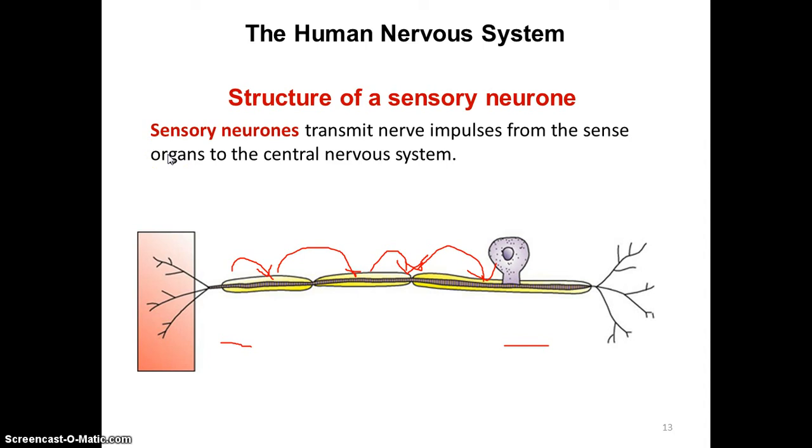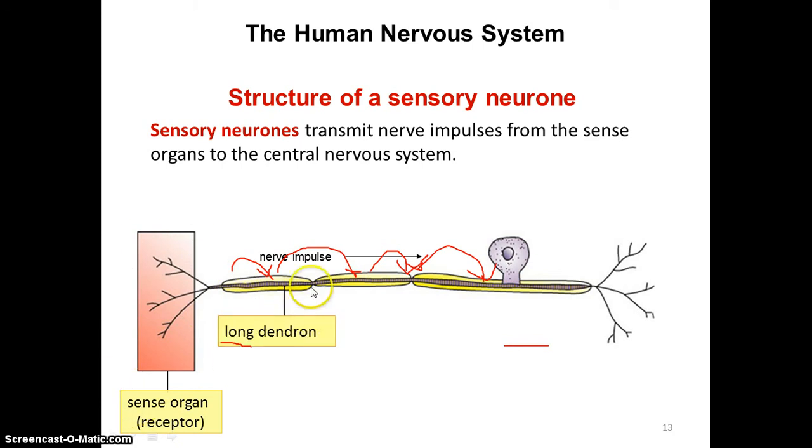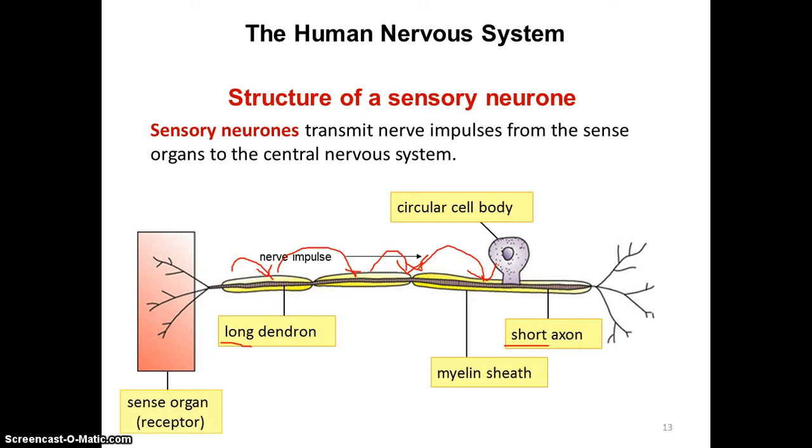Remember, neurons have three main parts, so now we will look into the three main parts of the sensory neuron. The nerve impulse travels from the entrance point, which is the receptor, through a long dendron, through a circular cell body, and passes through the short axon to exit and transmit to the central nervous system.